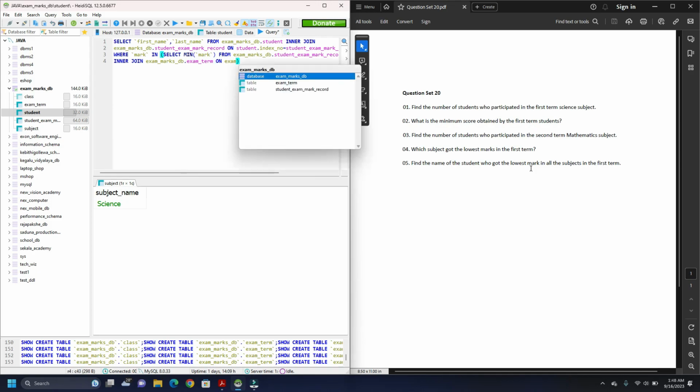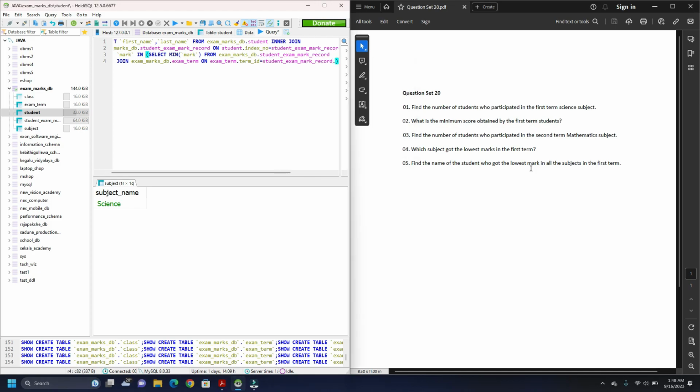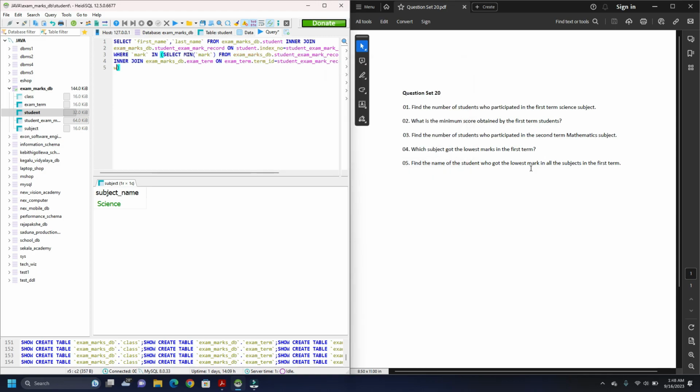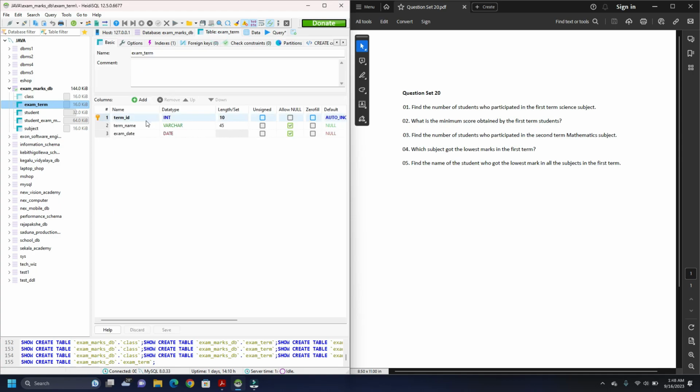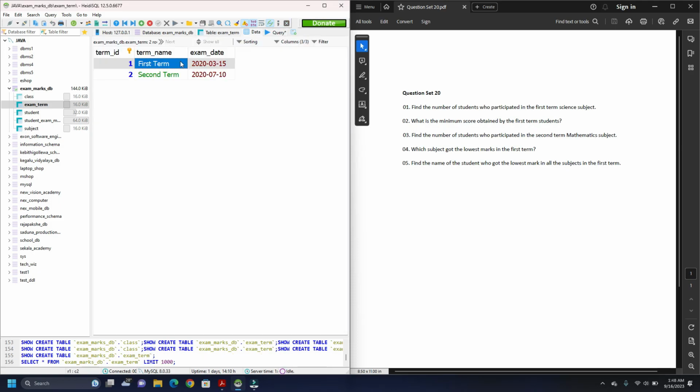So the exam term table uses the term ID to inner join with student exam mark record table, where, so here it says in the first term, so term name should be first term.